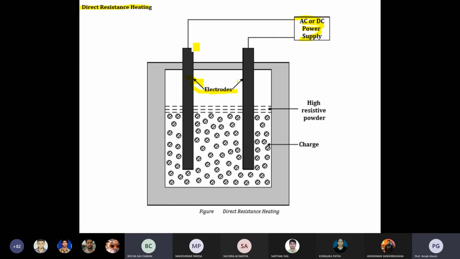AC or DC power supply, either of them, is given. High resistance powders are given here, so the layer is the charge material. This is the solid one, and you know there is a jacket. Why is the jacket important? The jacket is important because of the insulating surface.